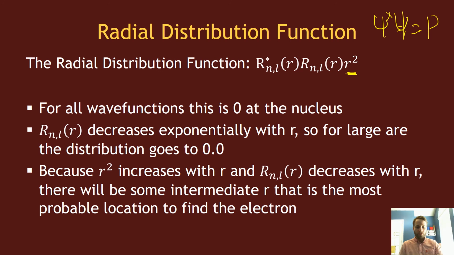Because of the exponential decay of the radial part of your wave function, this goes to 0 as r goes to infinity as well. That's good. R equals 0, you're at 0. R equals infinity, you're at 0. Your wave function is going to have some non-zero value between there, and it's going to have some maximum point, which is what we talked about.